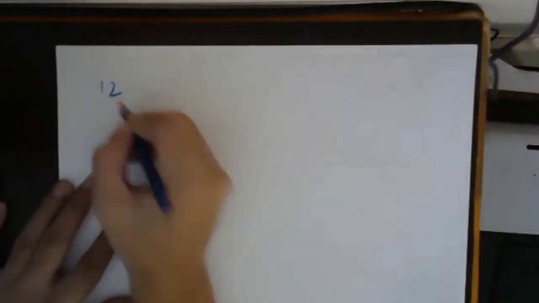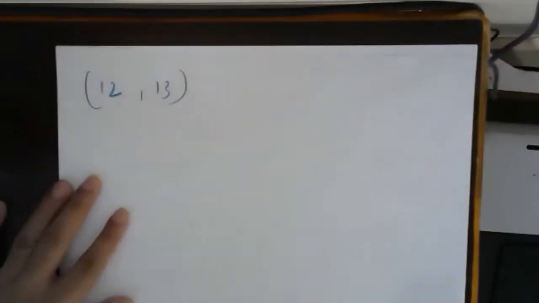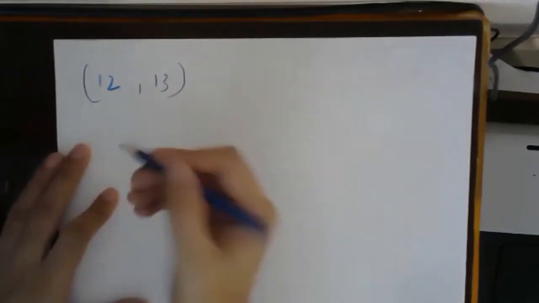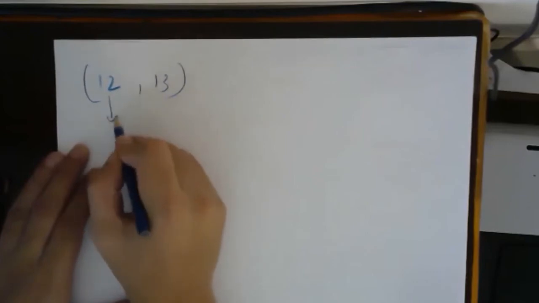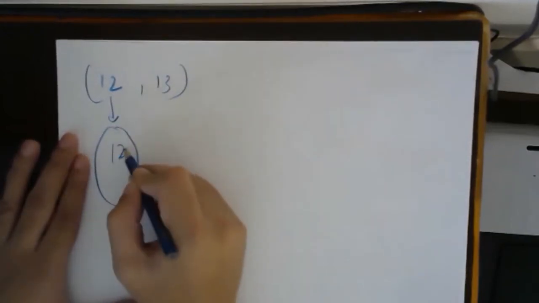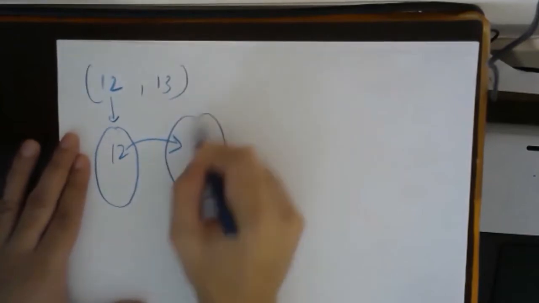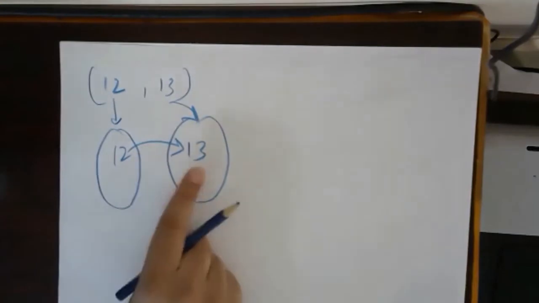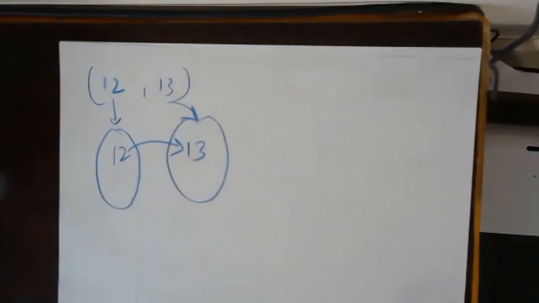Okay, let's take one more example. Suppose you are writing 12 comma 13. What I'm saying is that this 12 is from the first set, and this 12 was linked somehow with 13 of the second set. Understood?